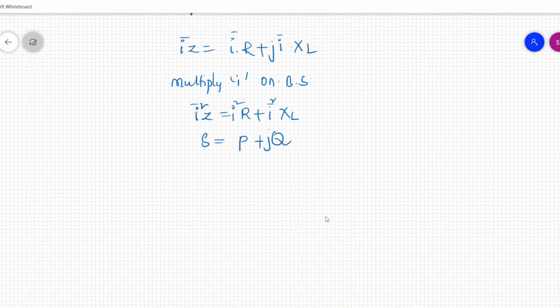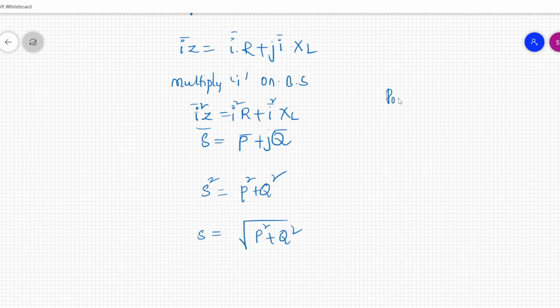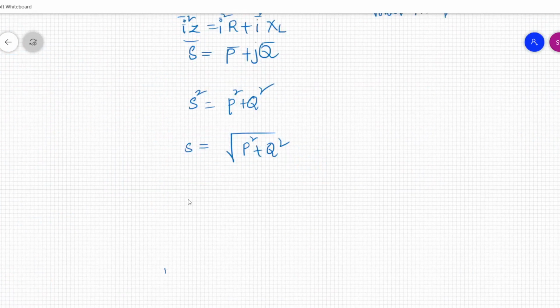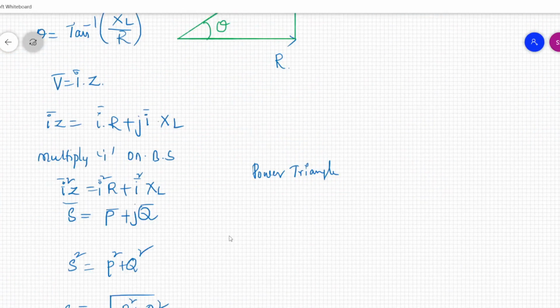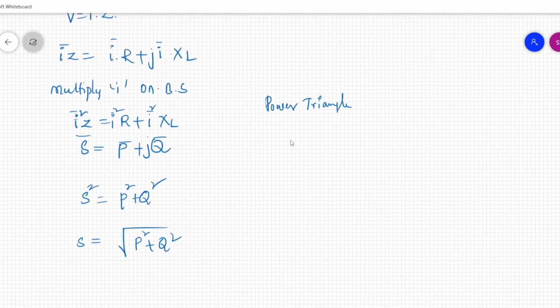Here these are phasors. So the sum of phasors will be S square equals P square plus Q square. So S equals under root of P square plus Q square. So we can get the power triangle here. Now the power is S bar equals P bar plus JQ bar. Now the power will be like this.